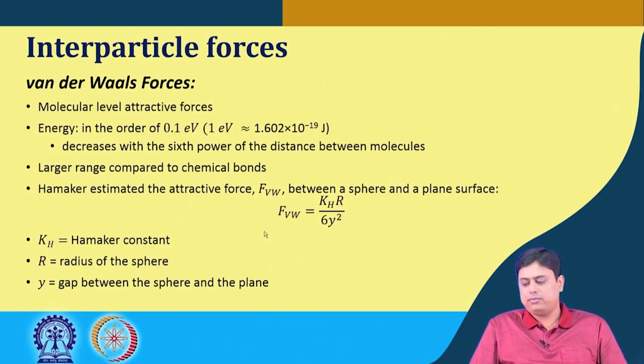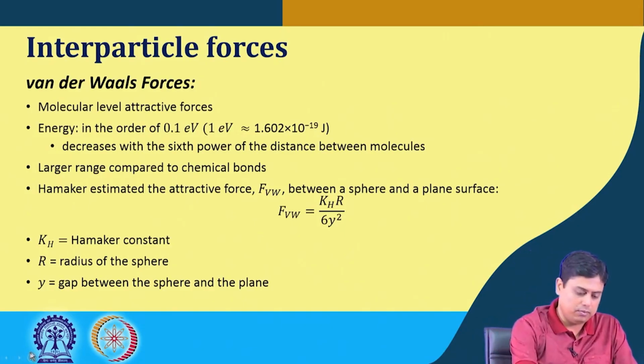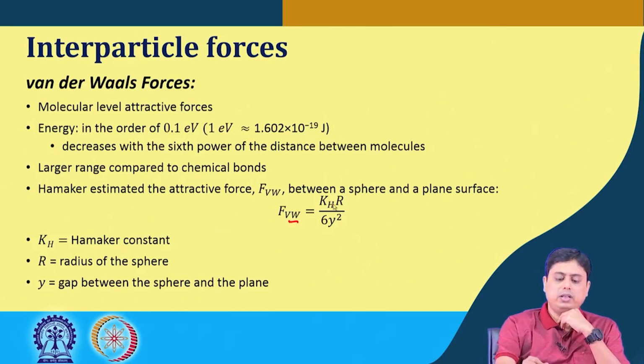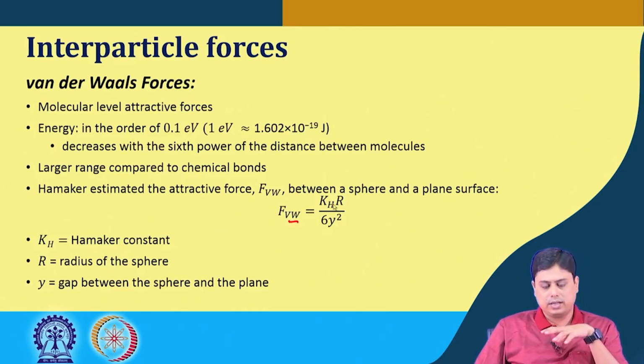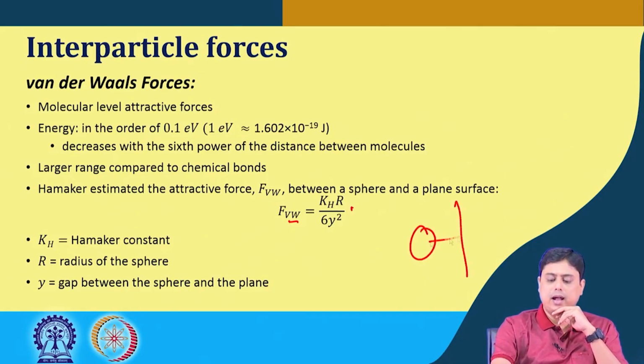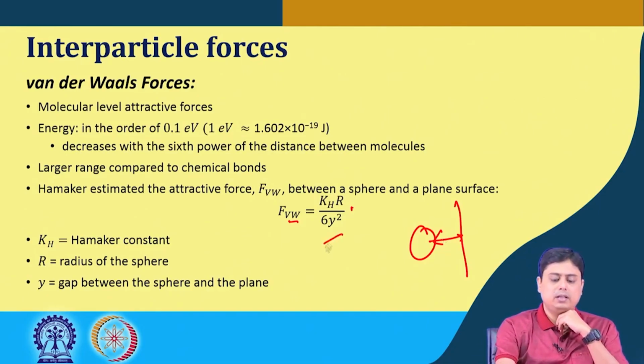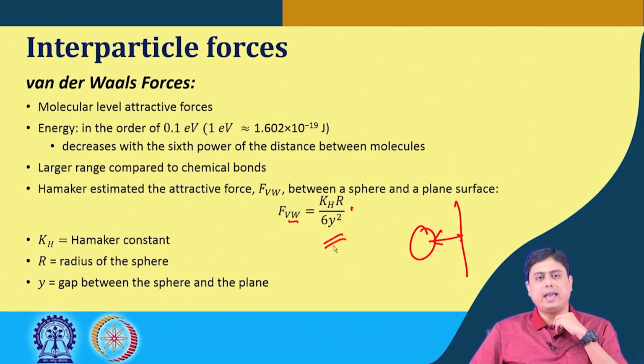If that force is F, with the van der Waals force abbreviated as VW, he related it to a constant term KH, called the Hamaker constant, and R, the radius of the sphere, divided by 6y squared, where y is the gap between the sphere and the plane.